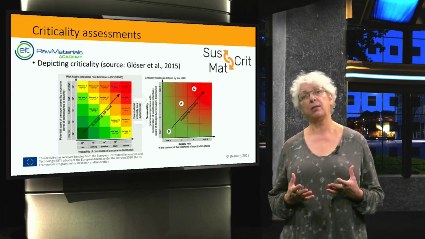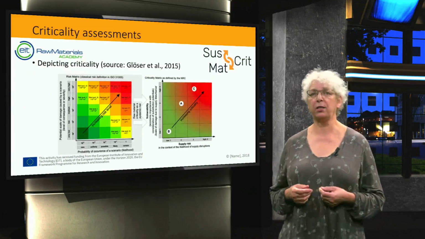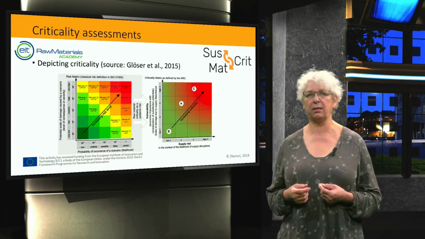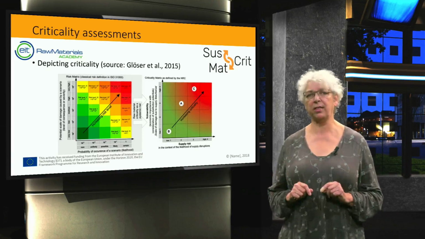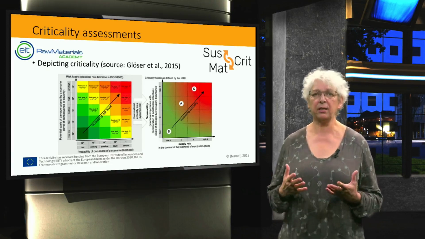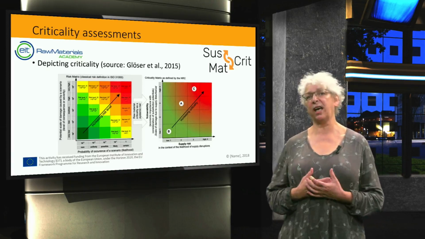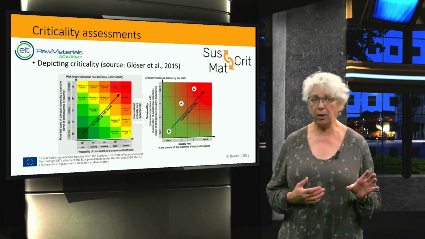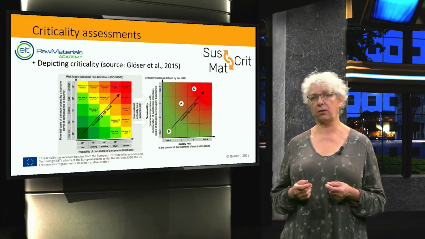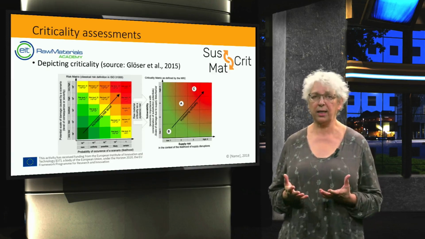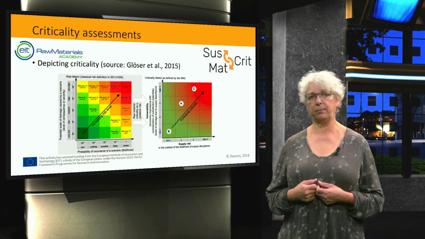Criticality assessment is generally understood to be a type of risk analysis. Some unwanted event is specified and the risk is then determined as the probability of the unwanted event actually occurring, multiplied by the impact of that unwanted event in case it would indeed happen.